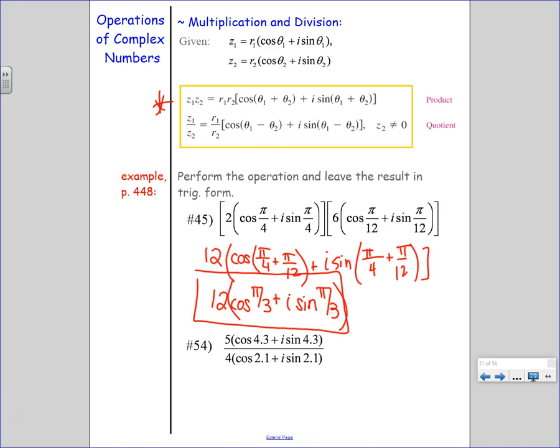We could, but what did it say about leaving the answer in trig form? So we're going to leave it as the new r, cosine of the new theta plus i sine of the new theta. You guys see how I simplified using the formula? Multiply the r's and add the thetas. Done. So you guys go do 54 using the quotient property.